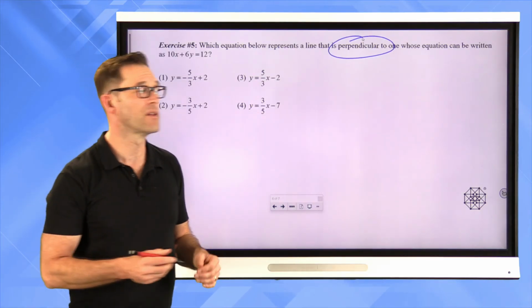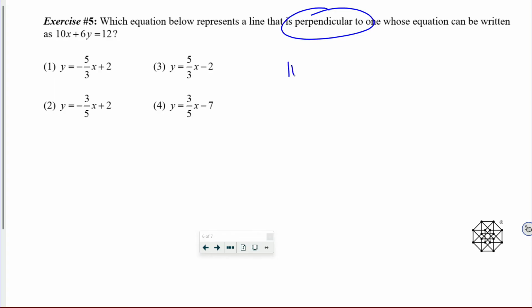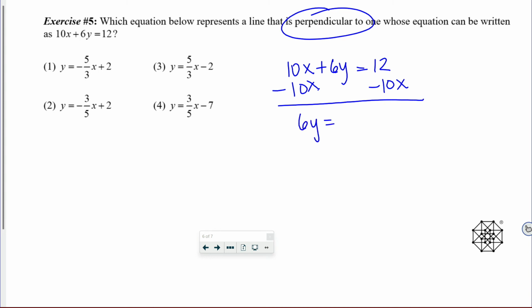All right, well, let's take a look. We've got 10x plus 6y is equal to 12. First thing I'm going to do is try to subtract a 10x from both sides. That's going to give me 6y is equal to negative 10x plus 12. I'm now going to divide both sides by 6.